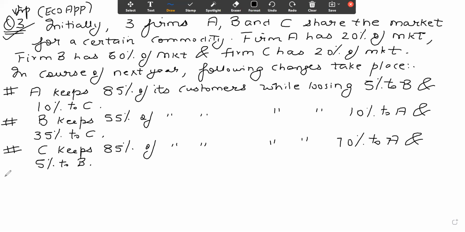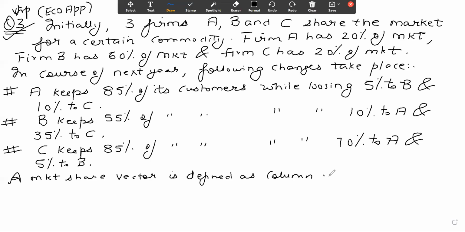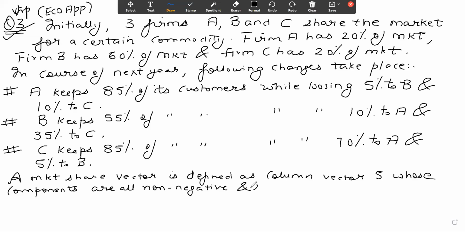Okay, so now the question asks you about a market share vector. A market share vector is defined as the column vector S whose components are all non-negative and sum up to 1.